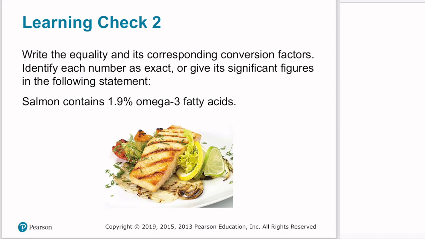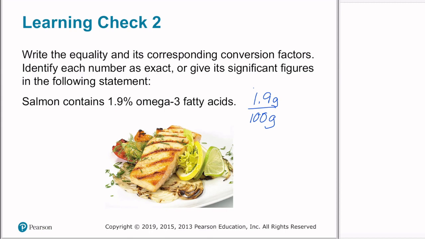Let's express 1.9% as a conversion factor. 1.9% means 1.9 out of 100. So if we had 100 grams, let's say, of salmon, we would have 1.9 grams of omega-3 fatty acids, according to this percentage.